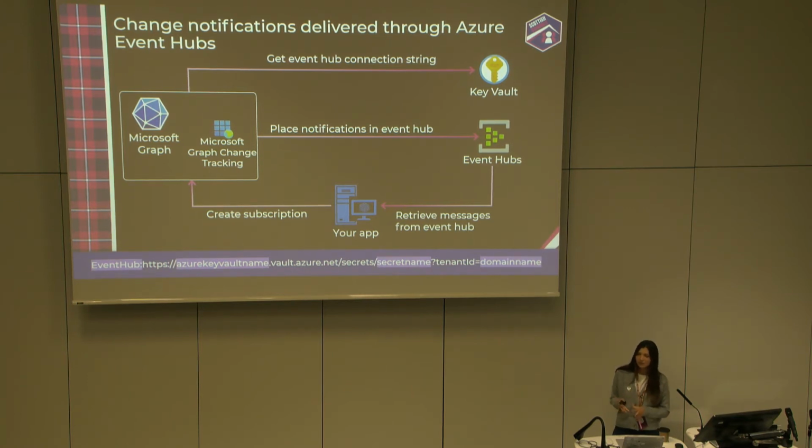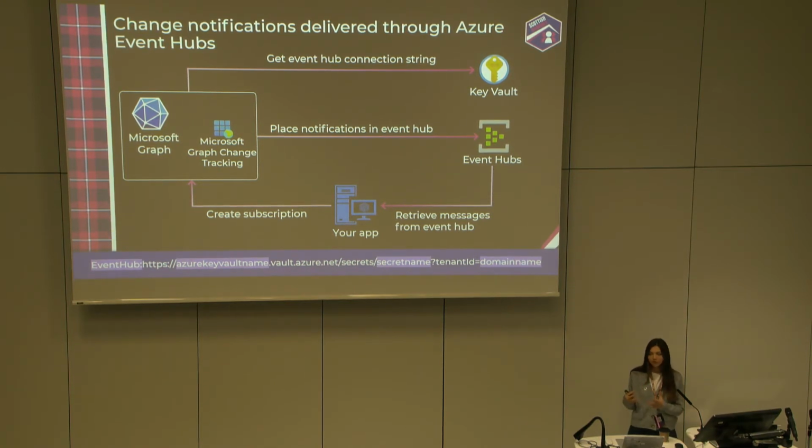Just because of security reasons, we don't want to connect directly with the Event Hubs connection string, because it's not secure to send our information directly to Event Hubs. That's why the Microsoft Graph team prefers to access Event Hub through key vault. It's because of security reasons.